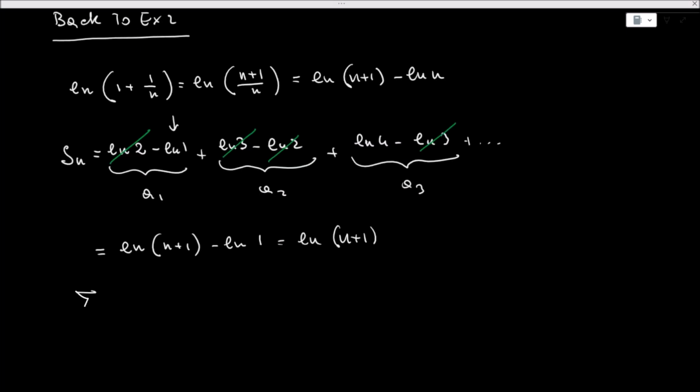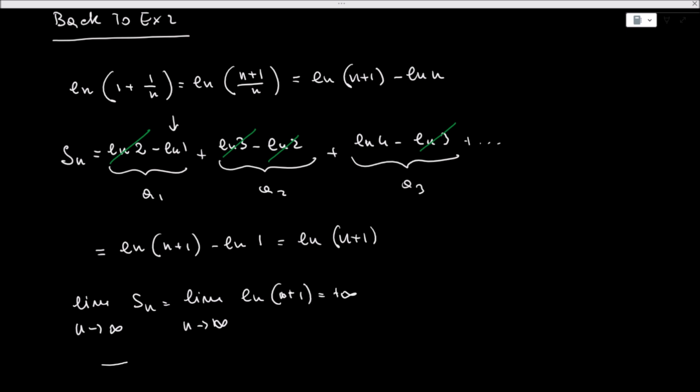We can easily say that, because if we evaluate the limit as n goes to infinity of Sn, which is nothing else than the sum of the telescopic series, this is the limit as n goes to infinity of the logarithm of n plus 1, which is of course plus infinity.